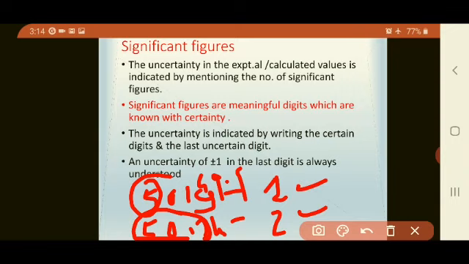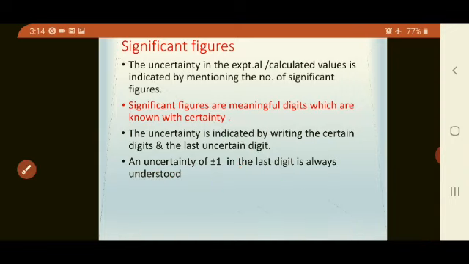So this is how, while taking the reading, some figures are certain and some figures are uncertain, and this is indicated by significant figure. Okay, so significant figures are meaningful digits which are known with certainty. Along with certainty, even uncertain digits are added in that, which are indicated by writing in the last.